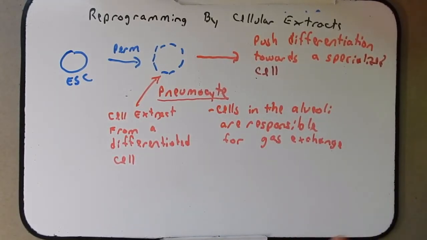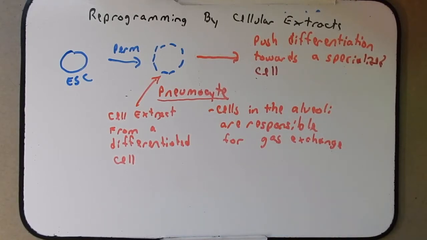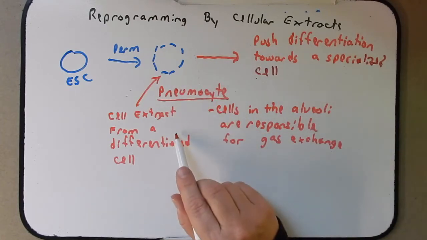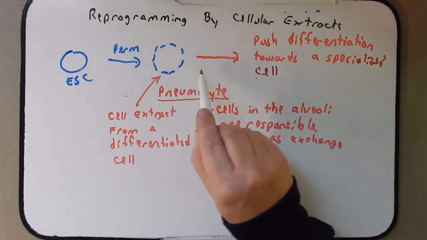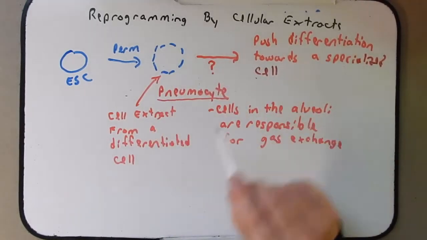Now, this is anything but efficient. As you can imagine, as you add the extract, you're adding everything that's in the cytoplasm of the pneumocyte. And so it's not a very accurate way to measure precise amounts. But we do see some differentiation. So in addition to trying to find a way to make a source of these cells, it also allows us to study this pathway here, going from undifferentiated to differentiation.